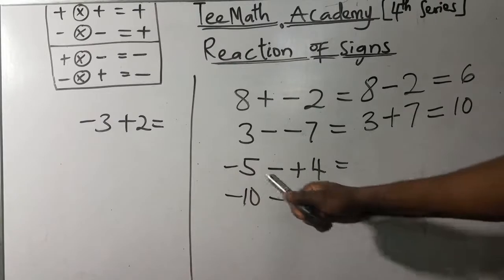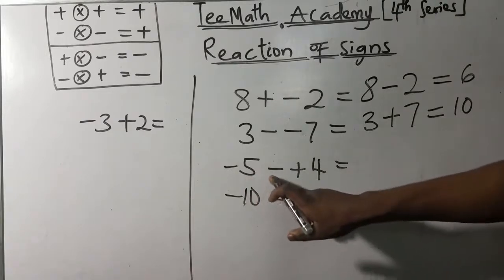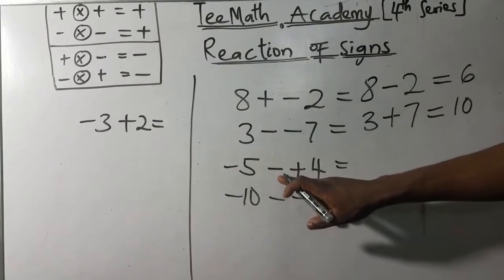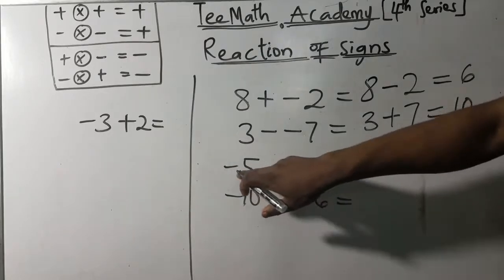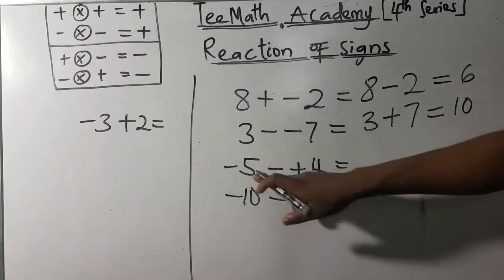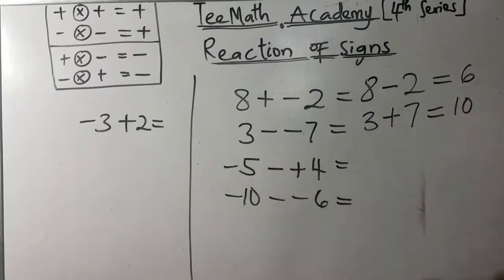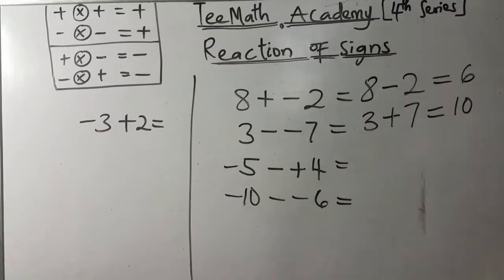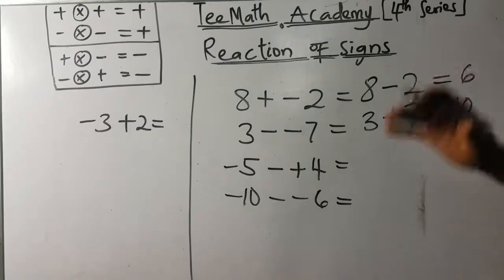Here is another one. This sign here is not close to this one at all. It's just that this sign belongs to 5. In series 3, I said that all numbers have a sign. The sign can either be positive or negative. So you must have respect for the sign a number is having.